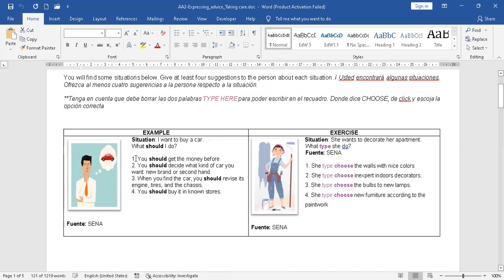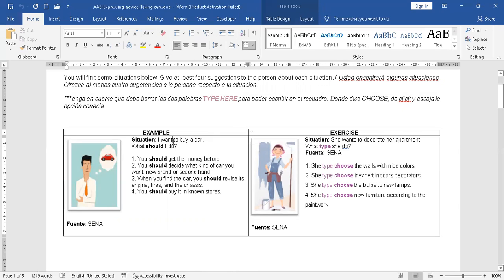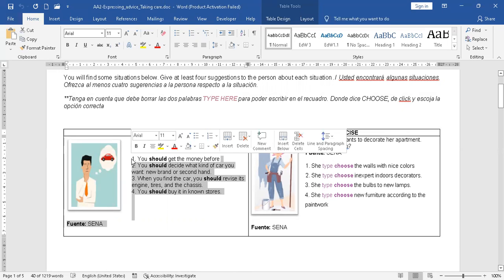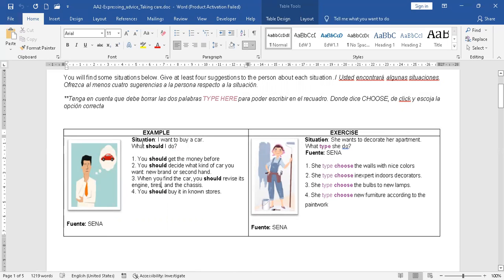So here we have, you should get some money before. If you want to buy a car, you should get the money before. Debe conseguir el dinero. If you want to buy a car, you should decide what kind of car you want, brand new or second hand. When you find the car, you should revise its engine, tires, and the chassis.